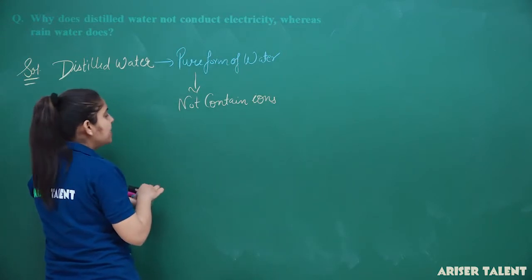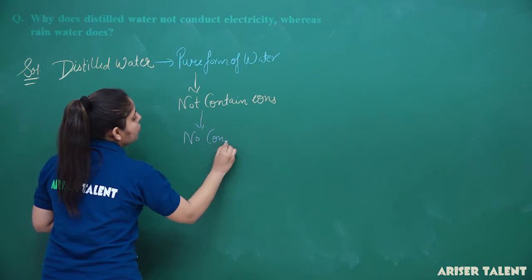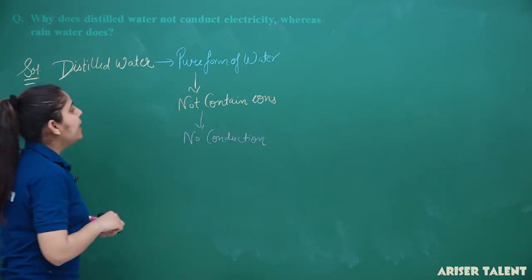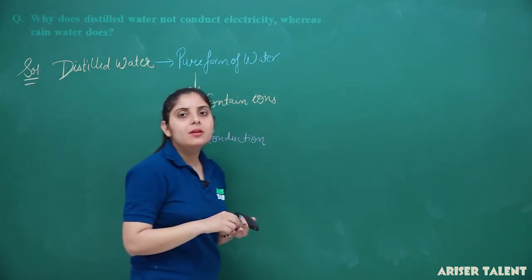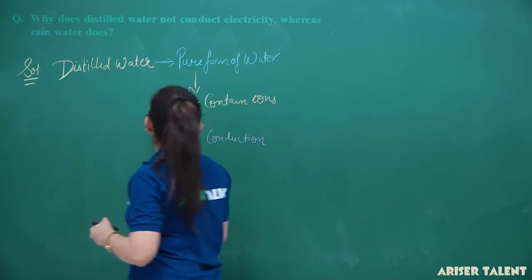If there are no ions, there will be no conduction. But what actually happens in the case of rainwater? Rainwater basically contains ions, so it will start producing conduction.